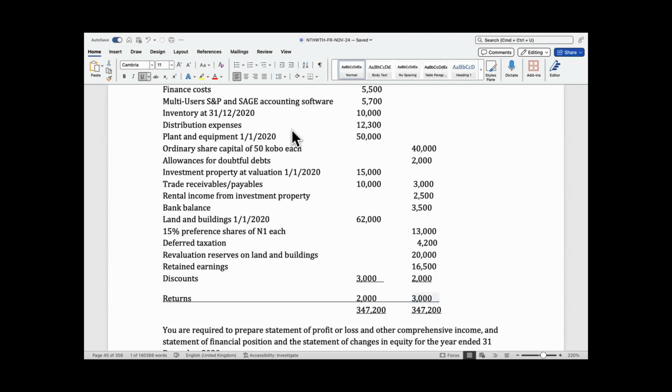It's the other way around: the one on the debit side is returns inward. Okay, Olakunle, it seems they disagree with you. If revenue is on the credit side, what comes back is inward.